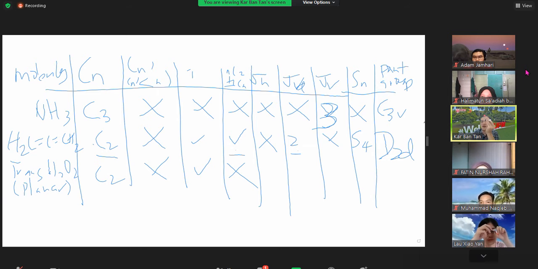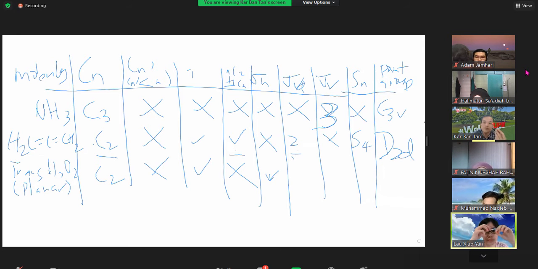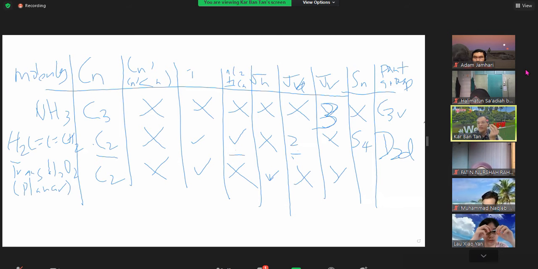If you have sigma h, where should you cut? Perpendicular. It should be here, right? So this plane is perpendicular to this. So you do have sigma h. Do you have sigma d? No. Sigma v, no need because you know already in the D group.